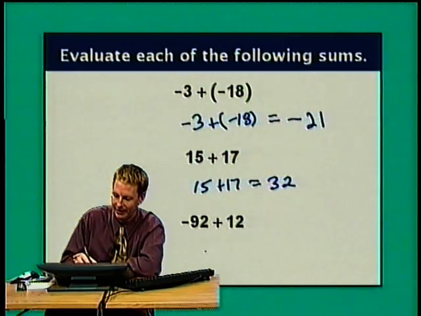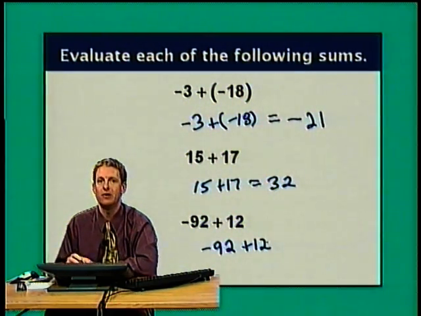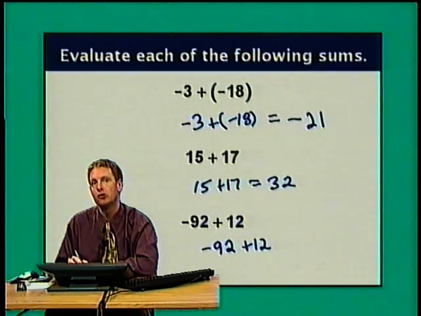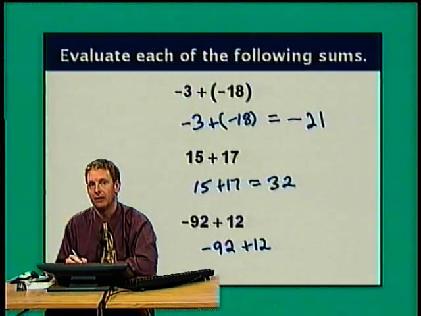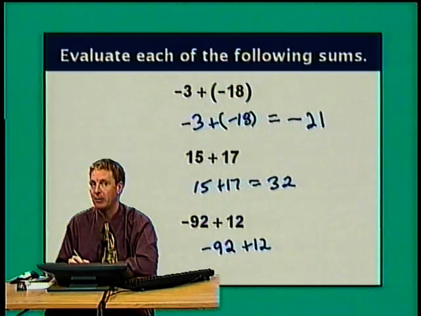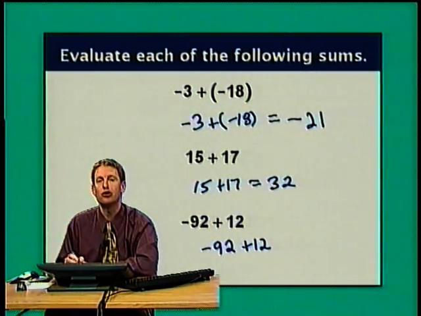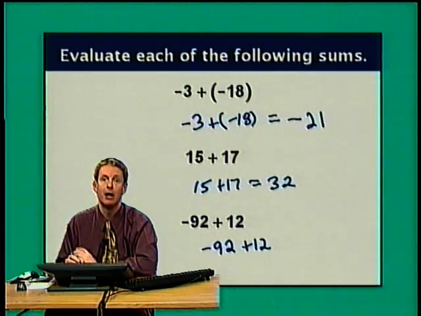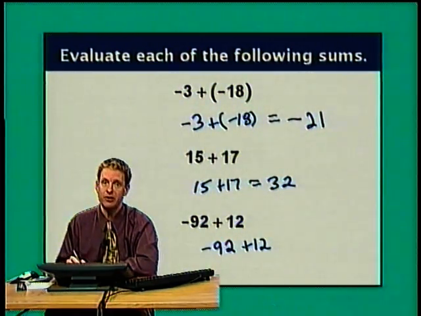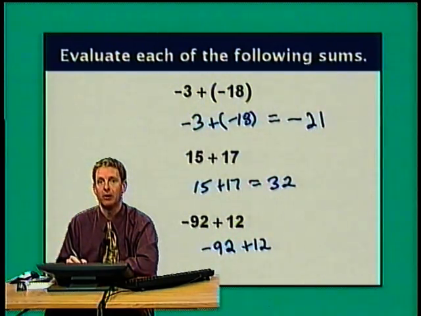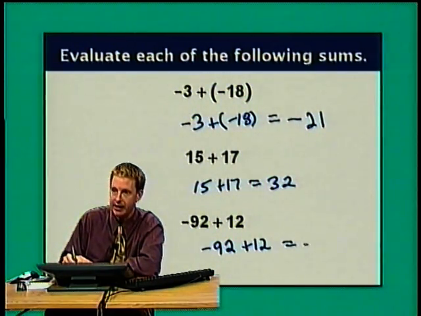Next example, negative 92 plus 12. These two numbers have opposite signs. So the first rule I need to consider is that when the two numbers have opposite signs, the number with the larger absolute value determines the sign on the sum. 92 is larger than 12. 92 is the absolute value of the negative number, so the sum is negative.